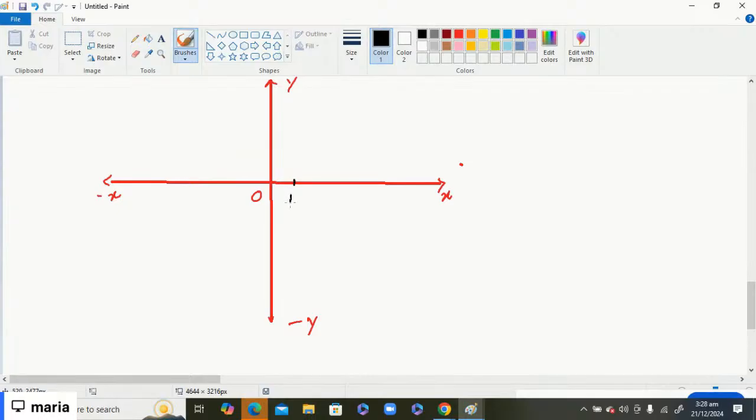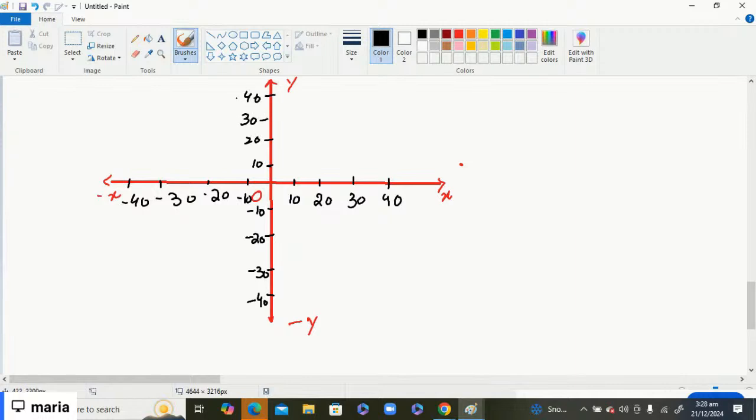The points are 10, 20, 30, and 40, and minus 10, minus 20, minus 30, and minus 40 on both axes.